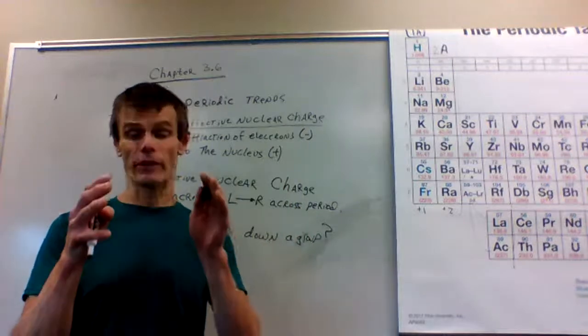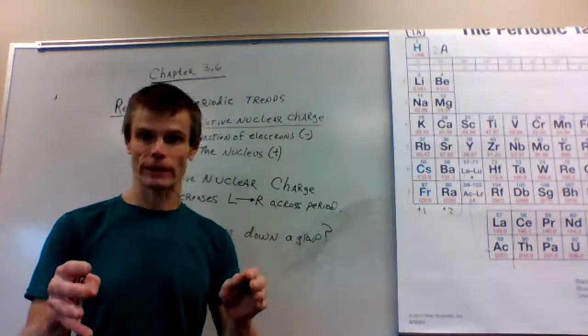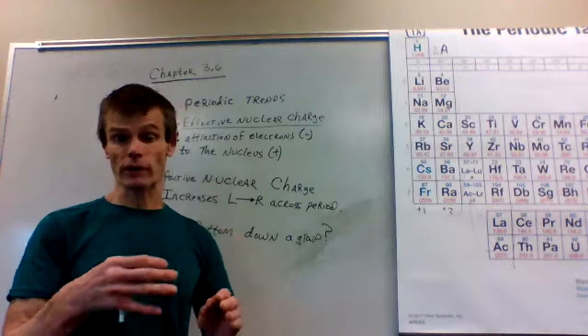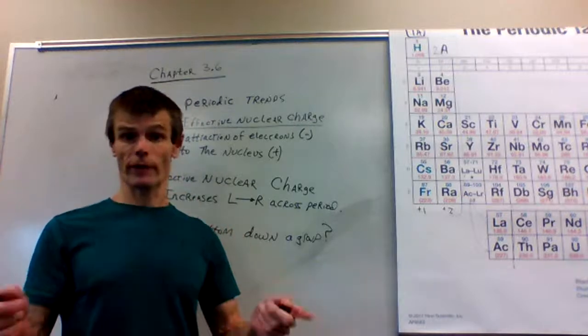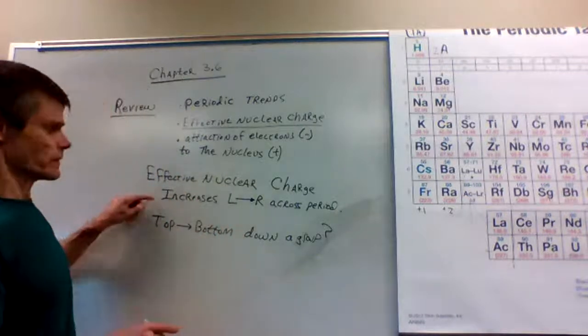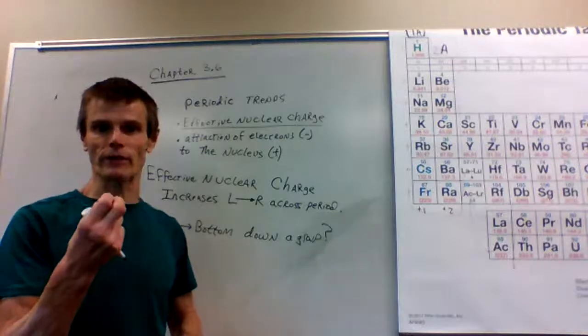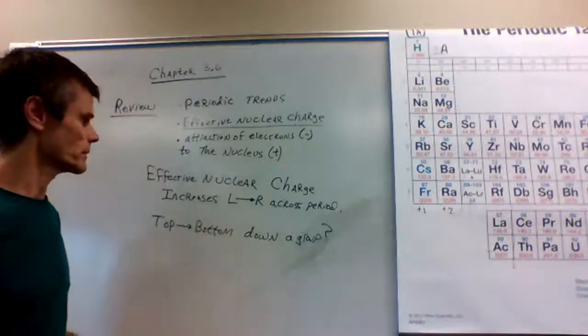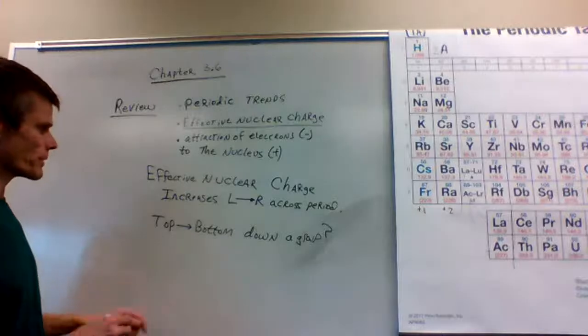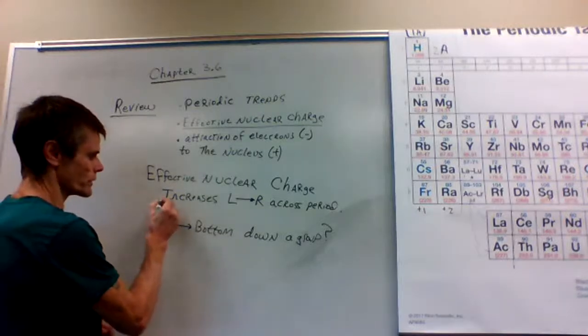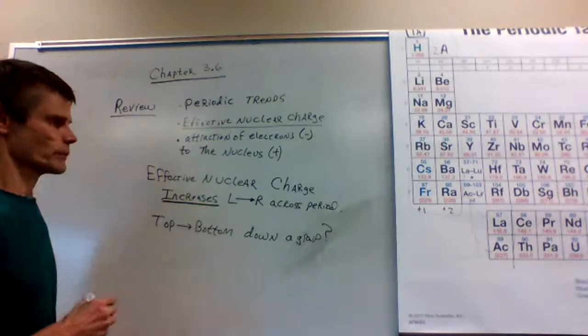Core electrons are the electrons that are involved in shielding, and why we get a reduction in nuclear charge. The effective nuclear charge is this field that these electrons get from that nucleus. So from left to right across a period, there is an increase in effective nuclear charge.